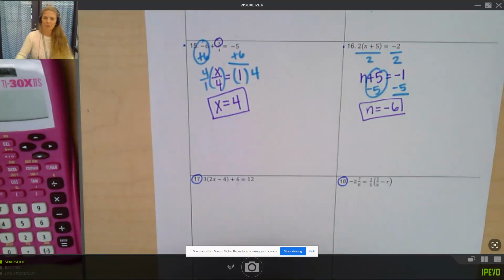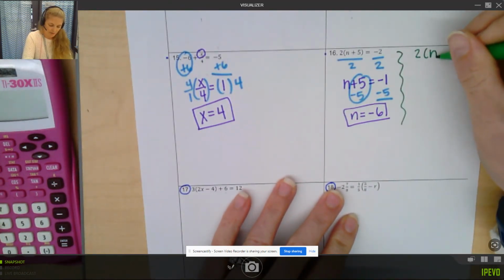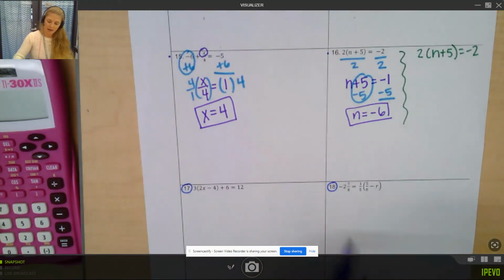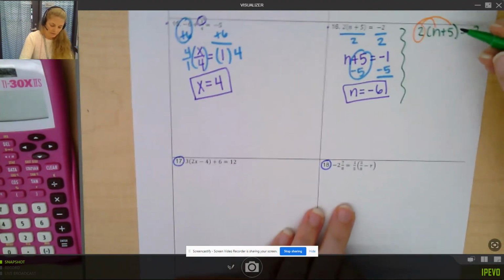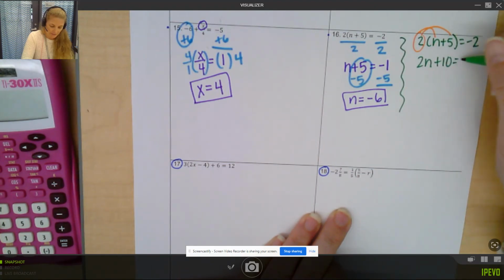Great job. We're just going to show this one other method just in case. So 2 groups of n plus 5 is equal to negative 2. What I could have done is I definitely could have distributed that 2 first, and make sure you're writing this method down as well. 2n plus 10 is equal to negative 2.